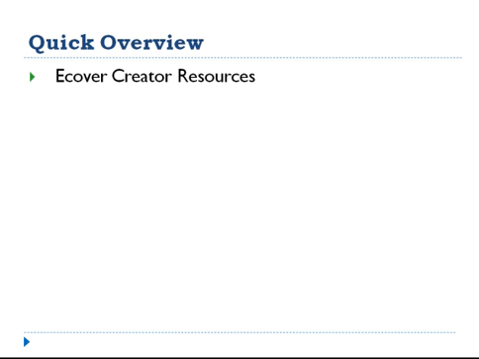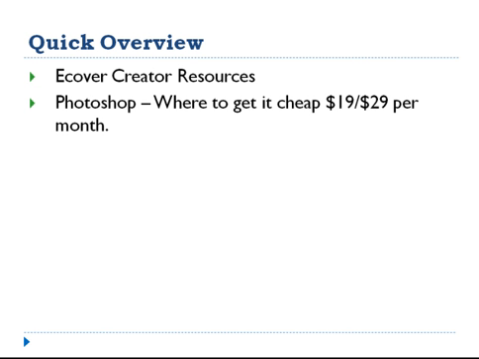Now, I want to give you some e-cover creator resources, so I'm going to do that first. And then I'm going to show you how to get Photoshop where you can get it cheap for $19 per month or $29 per month. That way, if you want to play around with it and you don't really want to spend $300 on it right off the bat, then you can go this avenue.